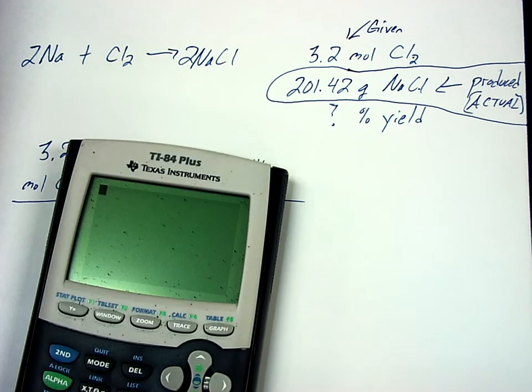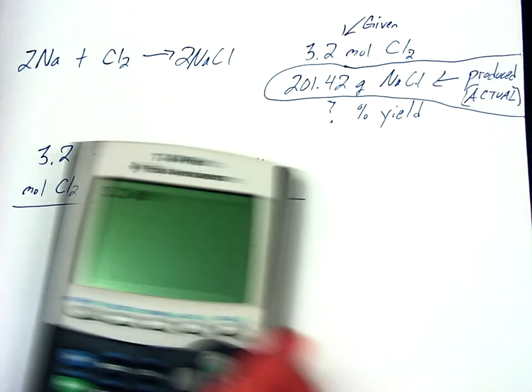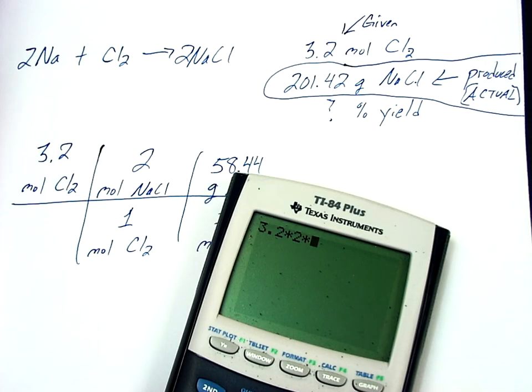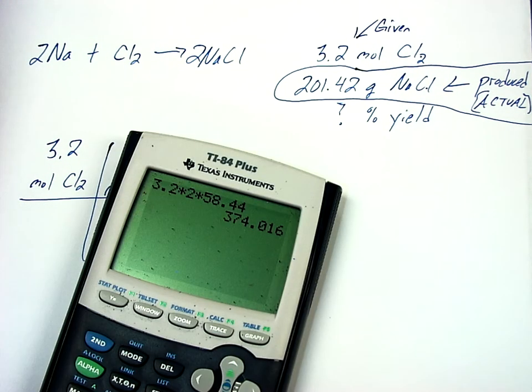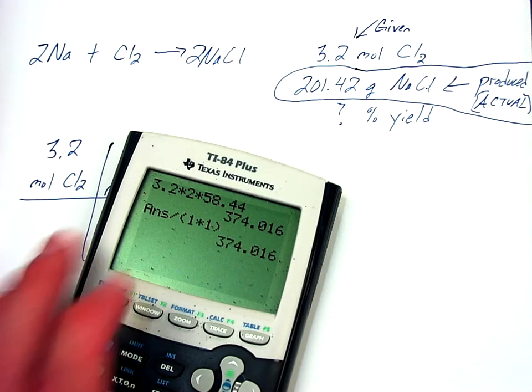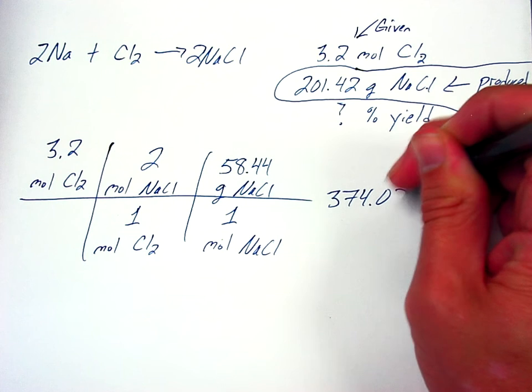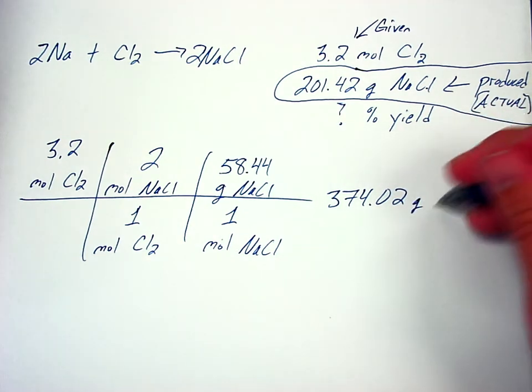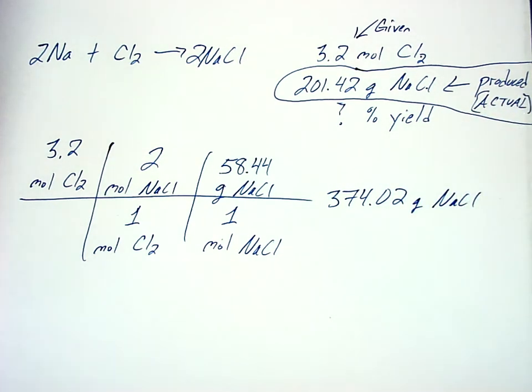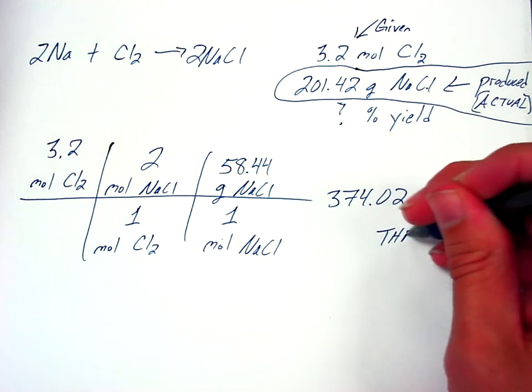If I run the grid, I'll get 3.2 times 2 times 58.44 will give me a total of 374.02. Oh, sorry. We want to divide that by 1 times 1. Of course, it won't change the number. So 374.02 grams NaCl is what they should have got, right? So we call this a theoretical yield.